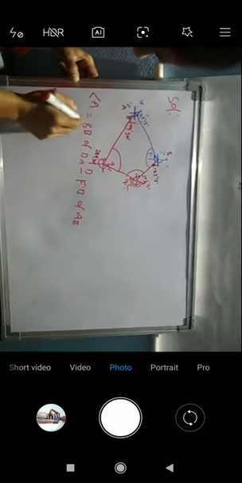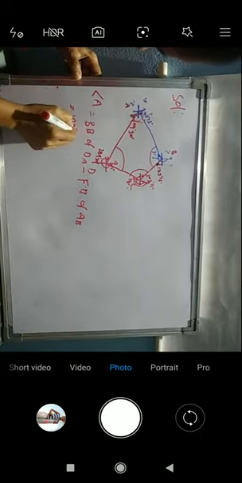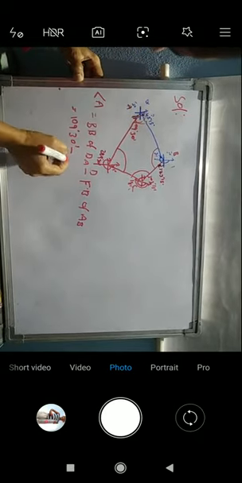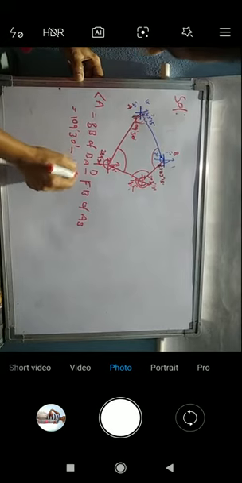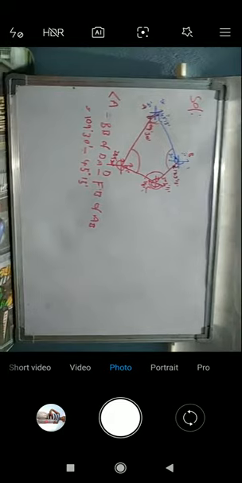Back bearing of DA is 109 degrees 30 minutes, minus fore bearing of AB, 45 degrees 15 minutes. So you can subtract this one.